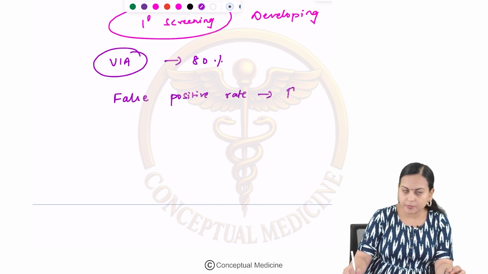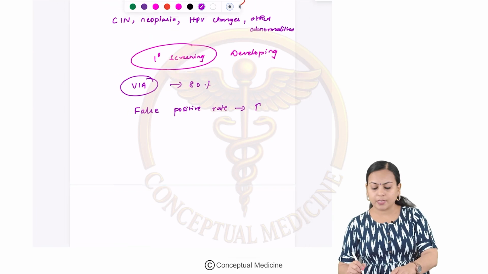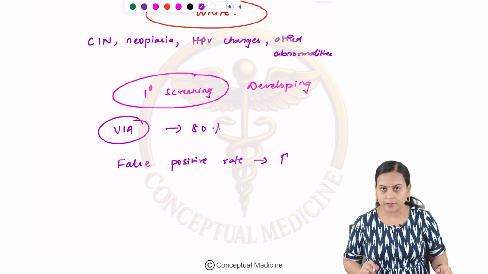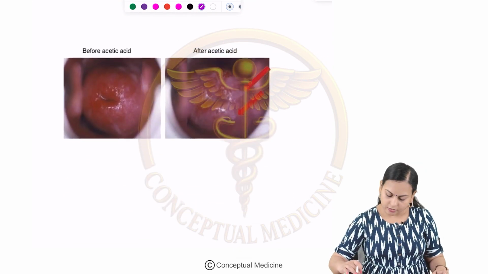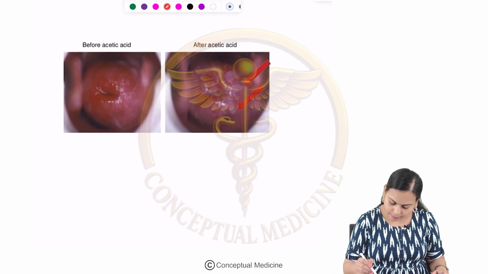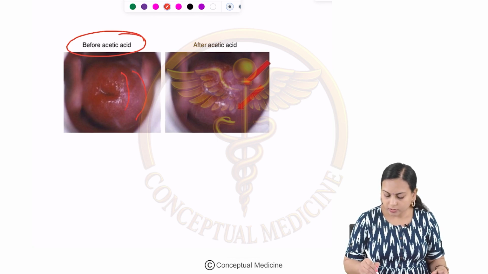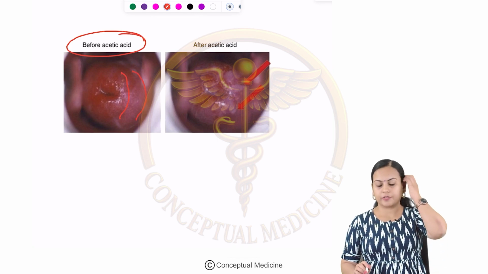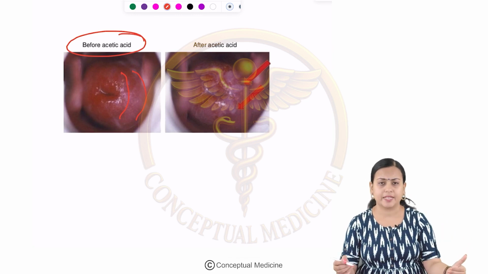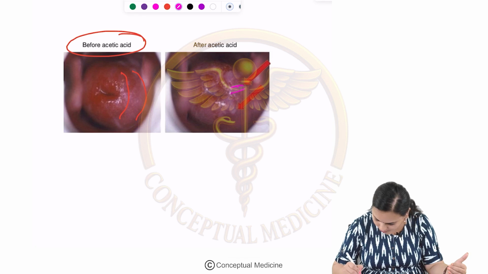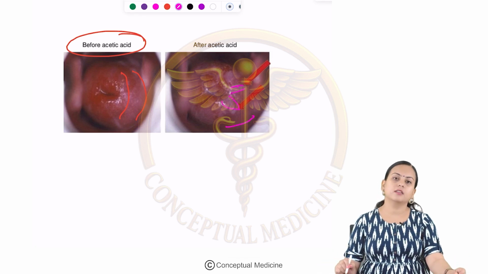That means most of the patients with an aceto-white area will need referral for further evaluation. Clear? Before application of acetic acid the whole thing is homogeneous and you are not able to differentiate anything, but after application of acetic acid you are able to make out these aceto-white areas which are distinct from the normal cervical layer.